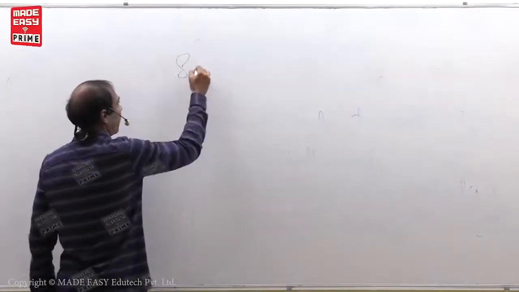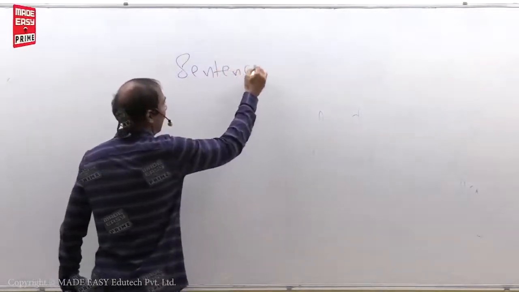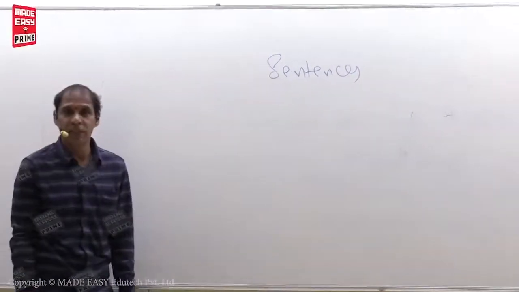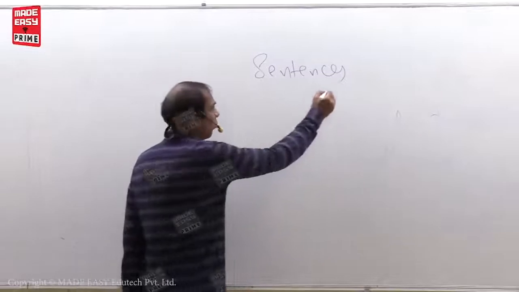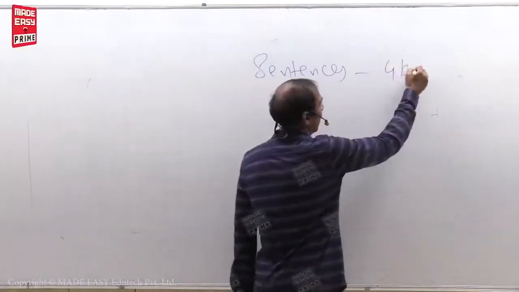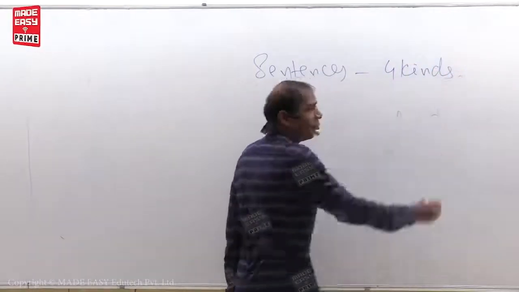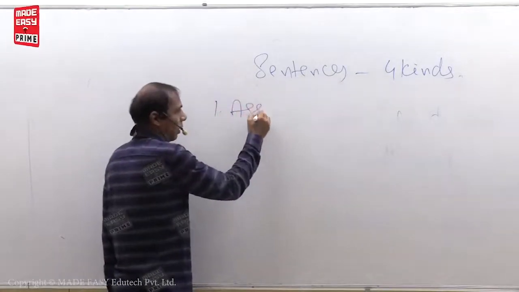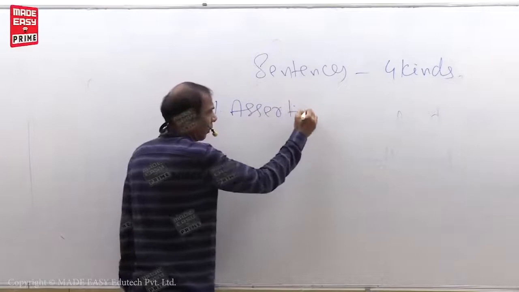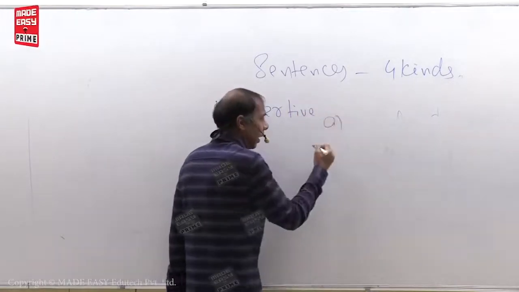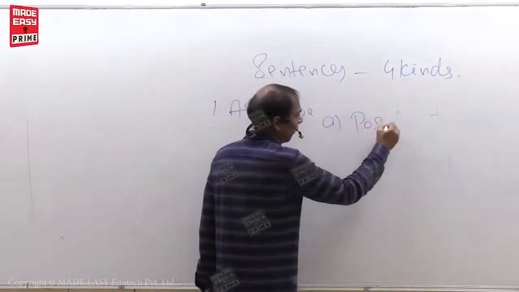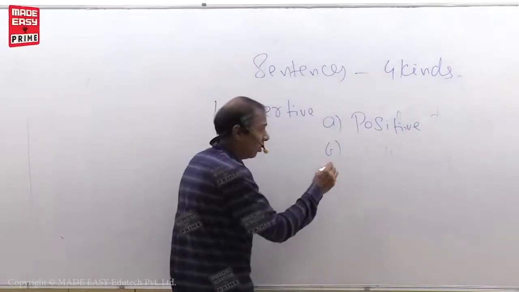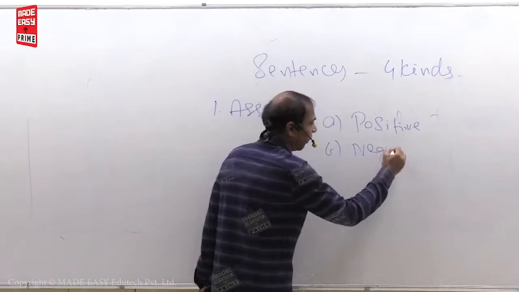Next part is sentences. S-E-N-T-E-N-C-E-S. Sentences. Right? Sentences are of four kinds. One, assertive: A, positive, I will explain, first look at the board; B, negative.